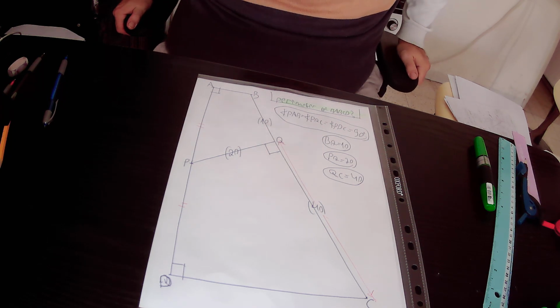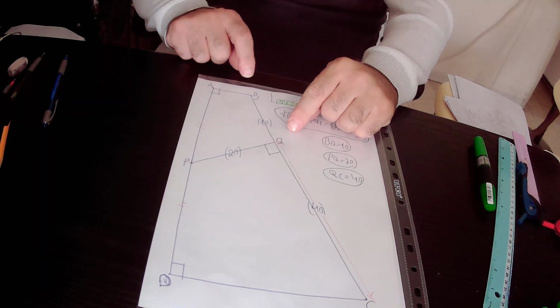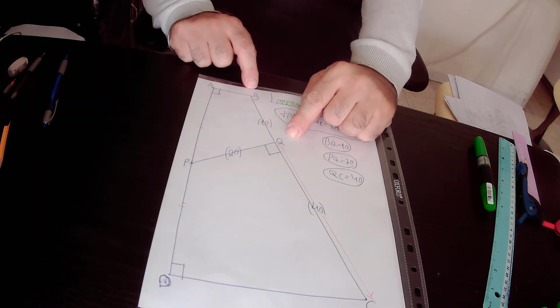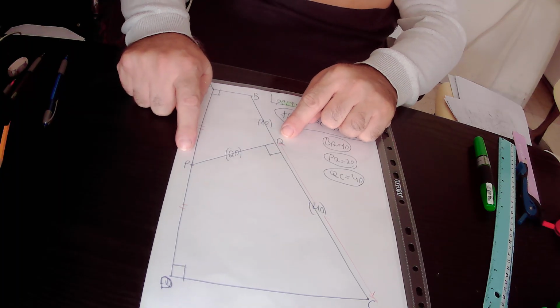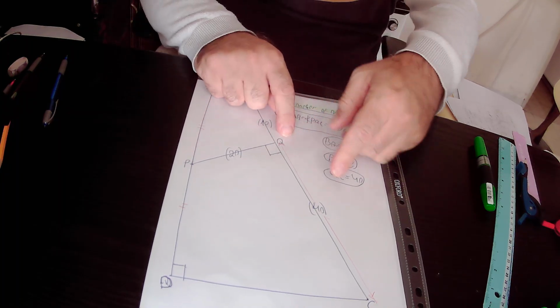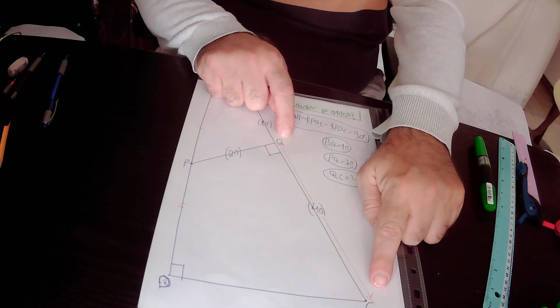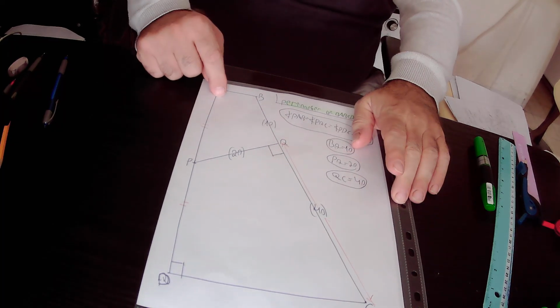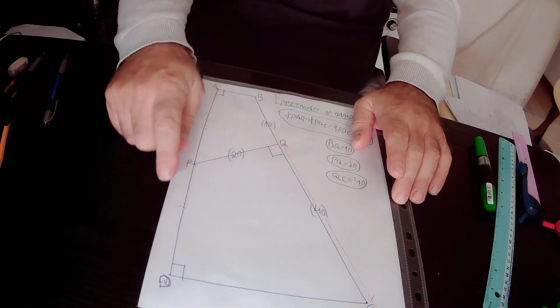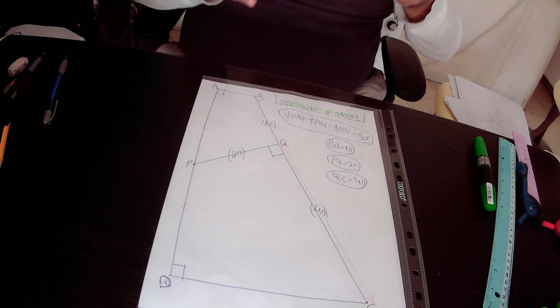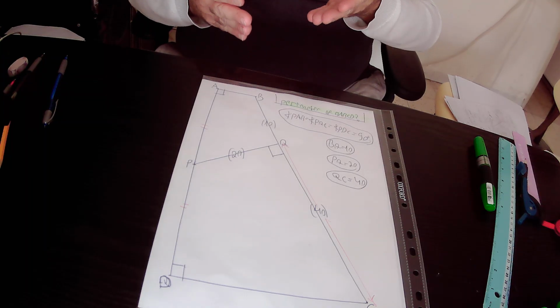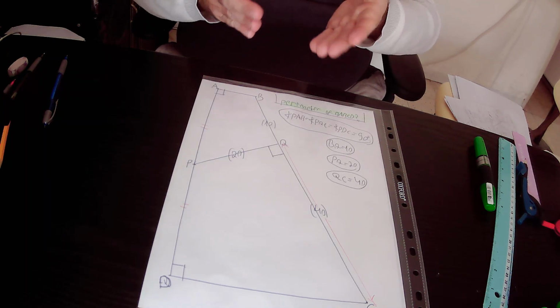The question gives us that this line segment PQ equals 10 units in length, this line segment PQ equals 20 units in length, and this line segment QC equals 40 units in length. Those three angles are all right angles. Again, our task is to find the perimeter of this quadrangle ABCD, which is the sum of its four side lengths.